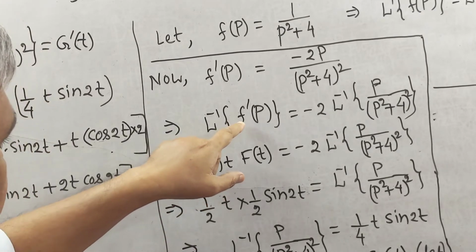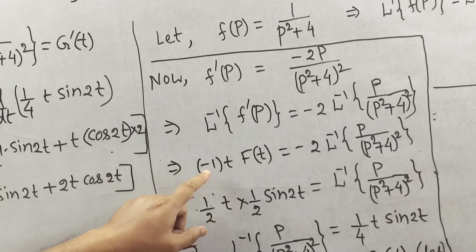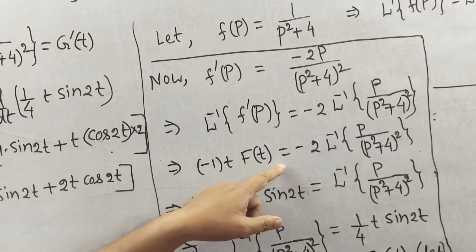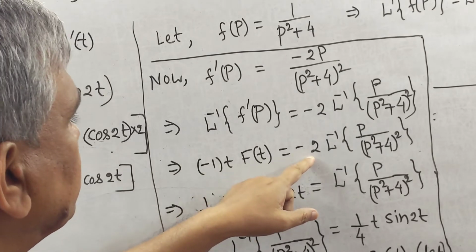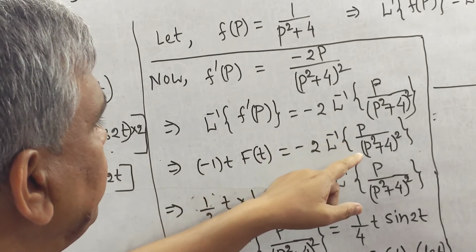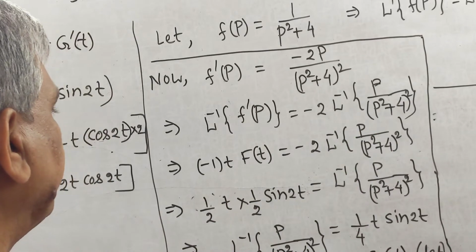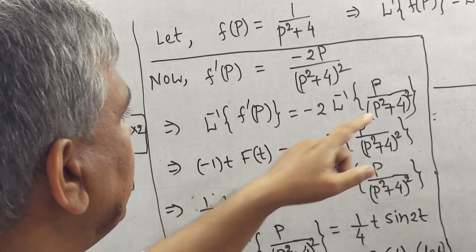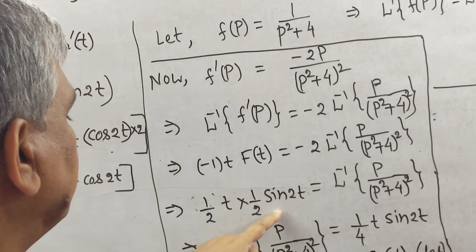Inverse Laplace transformation of F dash p is minus 1 t f(t), equal to minus 2 L inverse p/(p square + 4) whole square. Here the value of f(t) is half sin 2t.